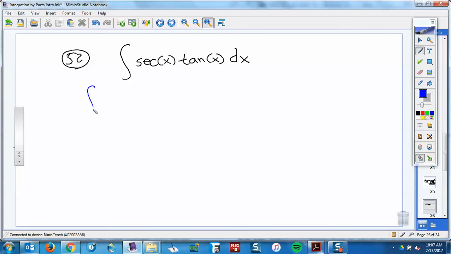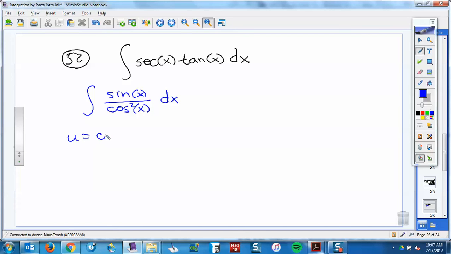So we could rewrite this as 1 over cosine and sine over cosine. So this is sine x over cosine squared x dx. What do you think? You just do cosine x.